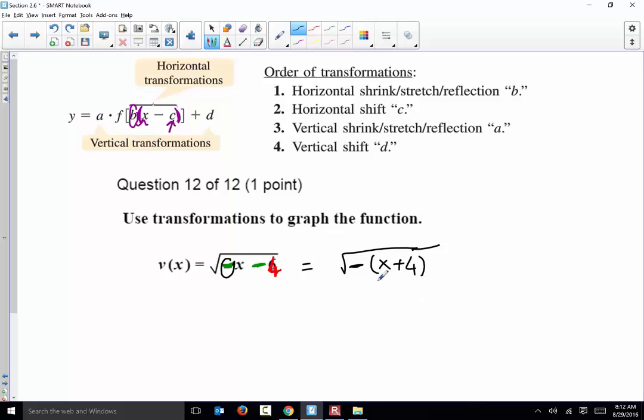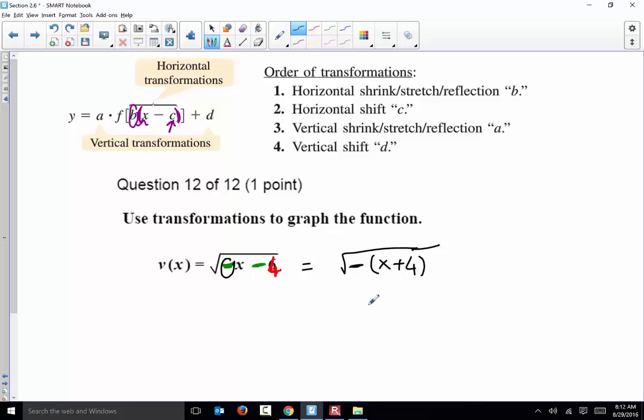Otherwise you can make a mistake. If this was, for example, minus 5, I would make this 5. 4 over 5, when I multiply this, 5 and 5 cancel, okay? Or if this was 2, I would make this 2. 2 times 2 is 4. Always remove the number in front of x, and take a parenthesis.